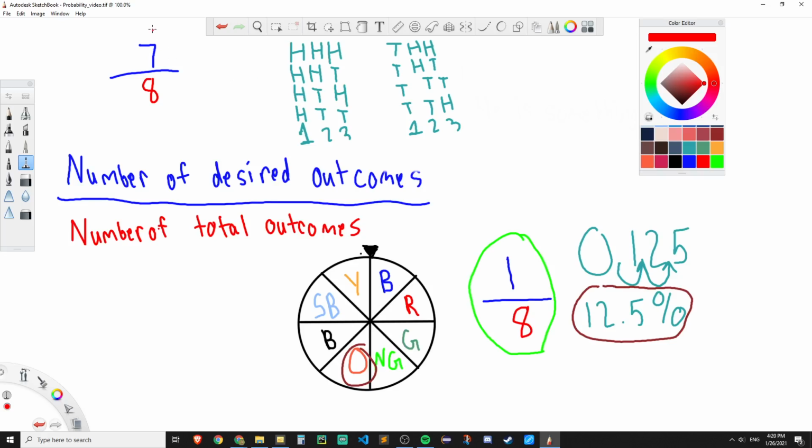So for the probability, nobody's going to understand you if you say it in fractions. Let's make it a percentage. And so 7 over 8 as a decimal would be 0.875.